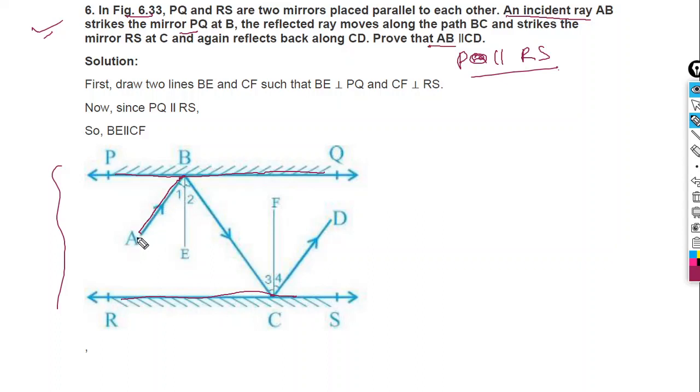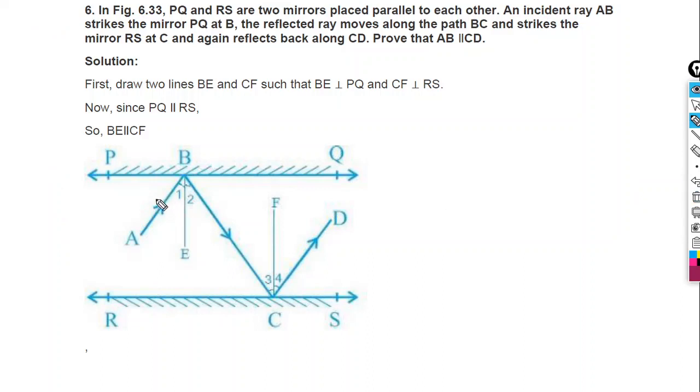AB is an incident ray striking mirror PQ at B. Then it is reflected towards BC, strikes mirror RS at point C and is again reflected back towards D. So light comes from here, is reflected at B, comes to here, then reflects back here.